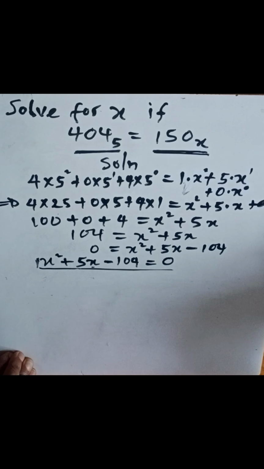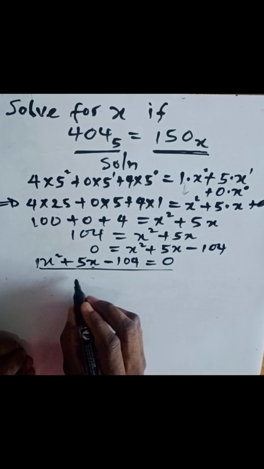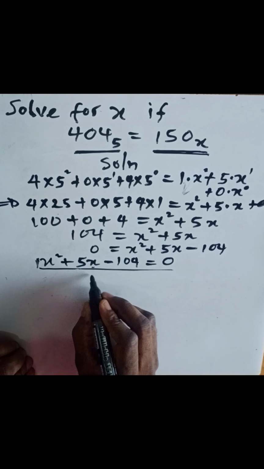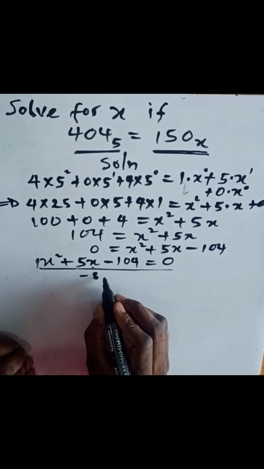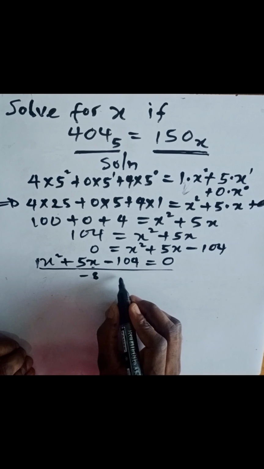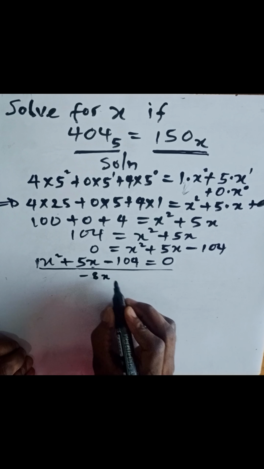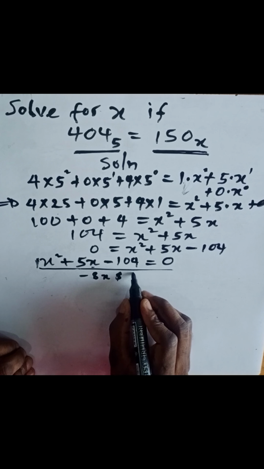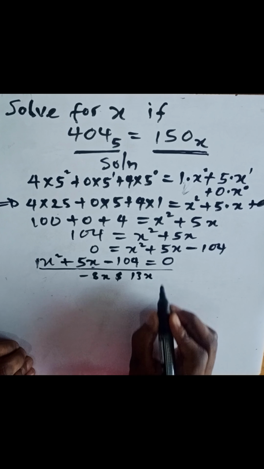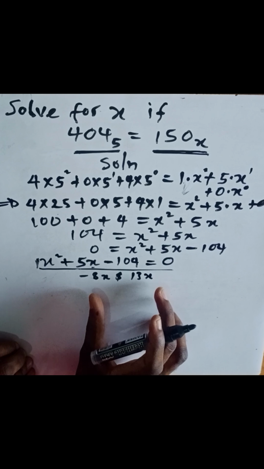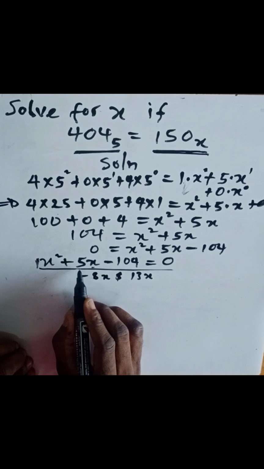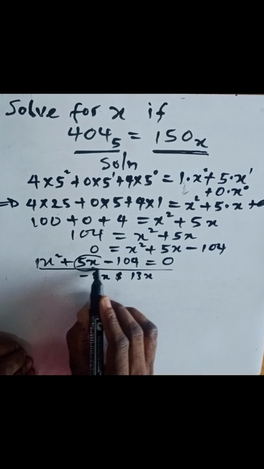Now, the two numbers that we are going to utilize here are minus 8 and plus 13. That will be minus 8x and 13x. So what we are trying to do is substitute that with this 5x.